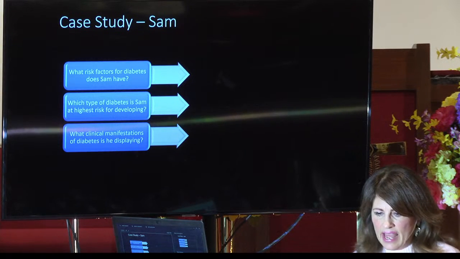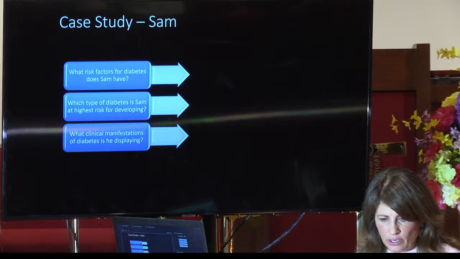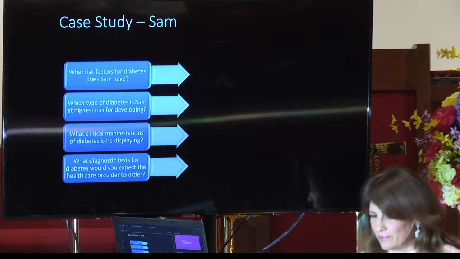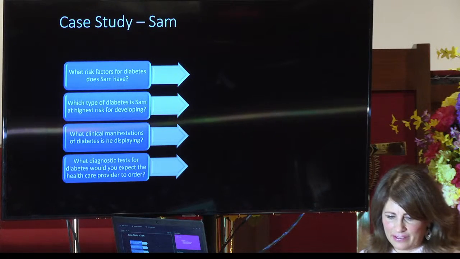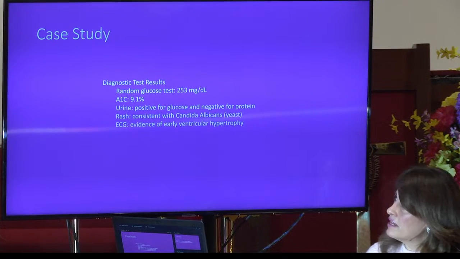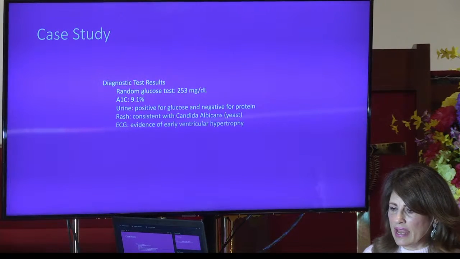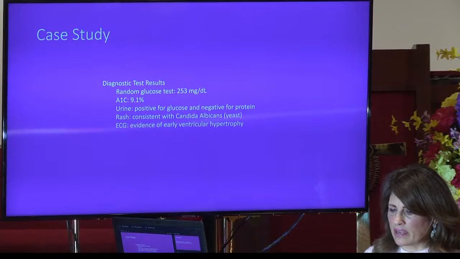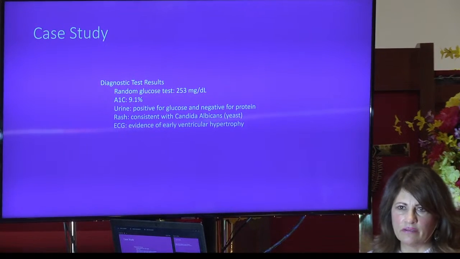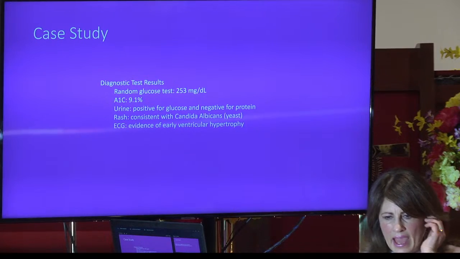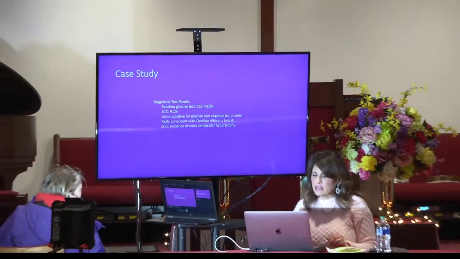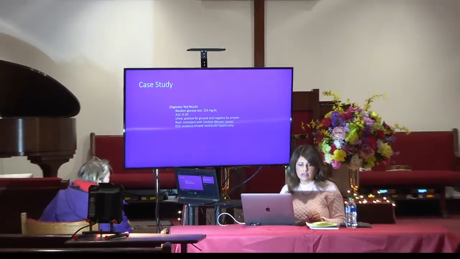What diagnostic tests for diabetes would you expect the healthcare provider to order? We learned about it. What's it called? You got it. A1C. Excellent. So he has these tests, and his glucose test comes back at 253. His A1C is 9.1, right? So if we look back at the A1C test, it says diabetes at a level of 6.5 or higher is diagnosed.